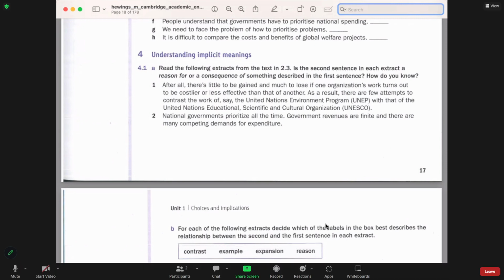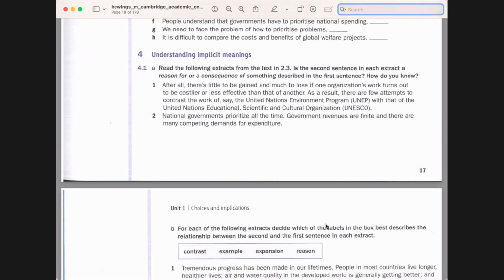Okay, so let's decide. In number 1, the second sentence will be the reason or the consequence. Okay. The first sentence or the first paragraph? The number 1 task. So there are 2 sentences, yes? Number 1 and number 2. And we have to decide whether the second sentence is the reason or the consequence.